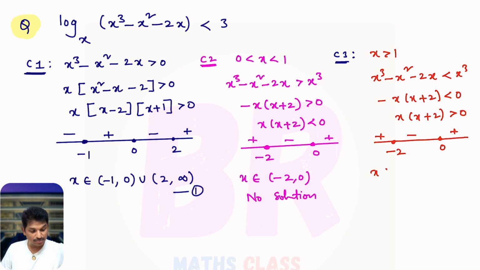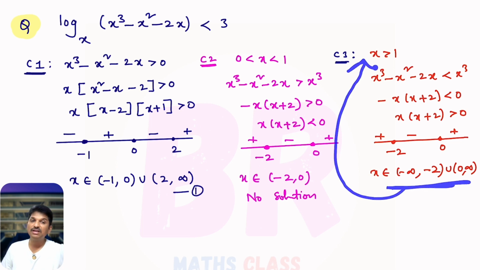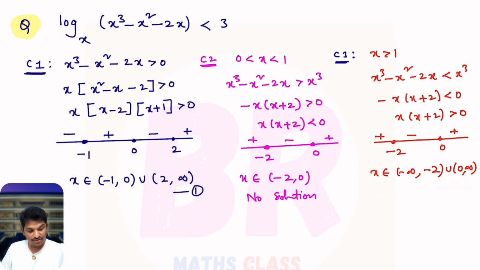So x belongs to minus infinity to minus 2 union 0 to infinity. In these values, which values are greater than 1? That is the solution of this third case, right? You see, in this negative values are there, but x value is greater than 1. So what is the solution from this? x belongs to 1 to infinity, right?